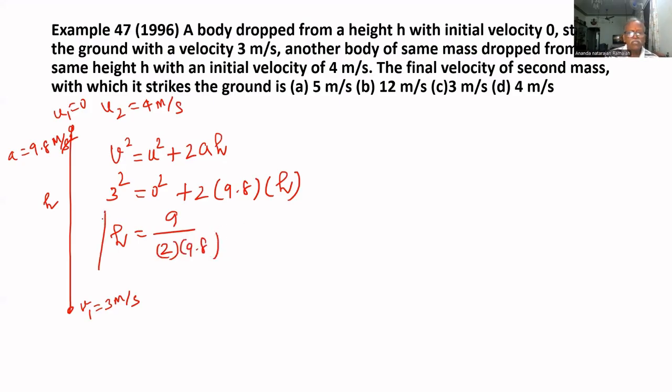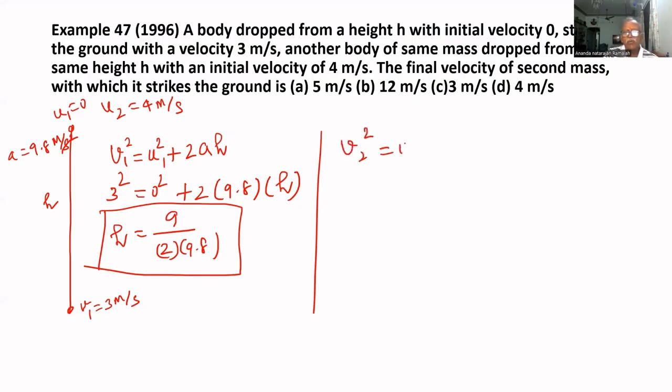Now we have to use this H to find the velocity. So second part, H is same. That's why we got H. This will be substituted in the second formula. V2 square equal to U2 square plus 2AH. V2 square we have to find.